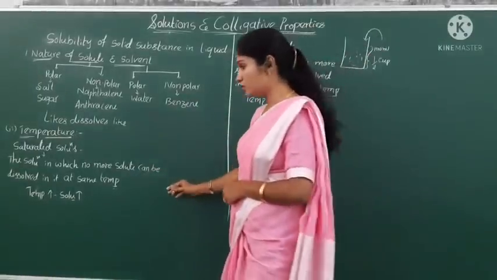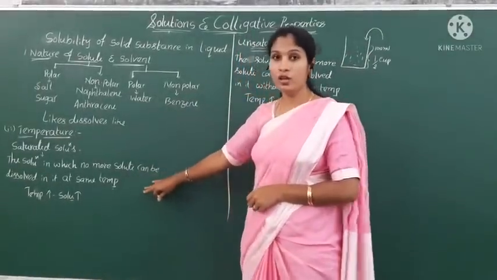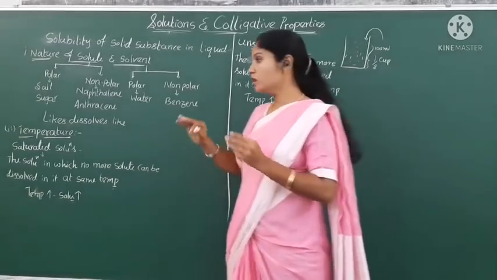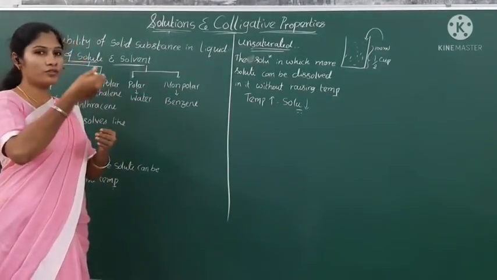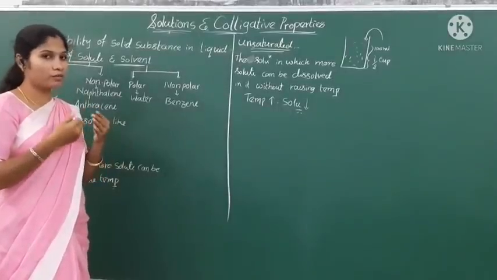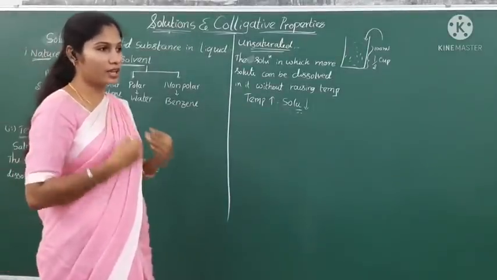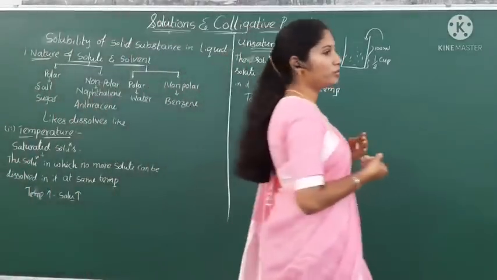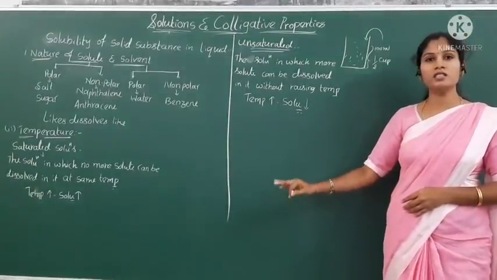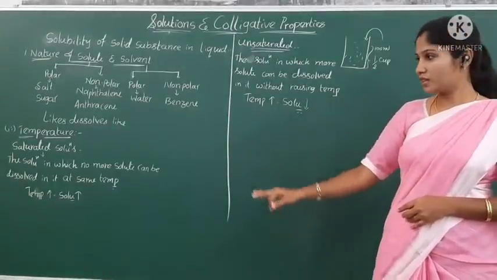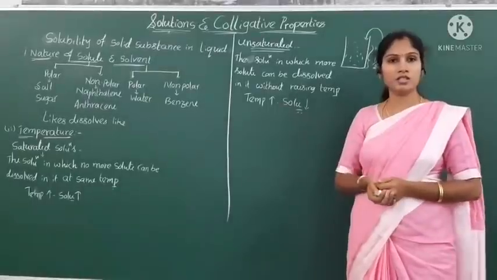For a saturated solution, we are not raising the temperature. We just add solute to the solvent, but the solvent is not ready to take more solute for dissolving, so the solute particles remain in the solution. That type of solution is called a saturated solution.